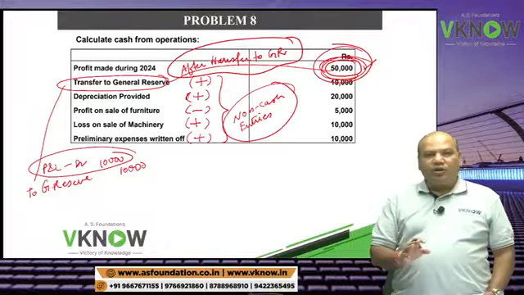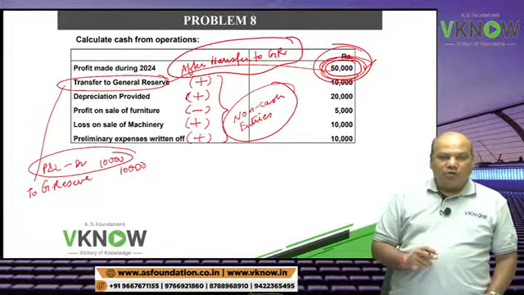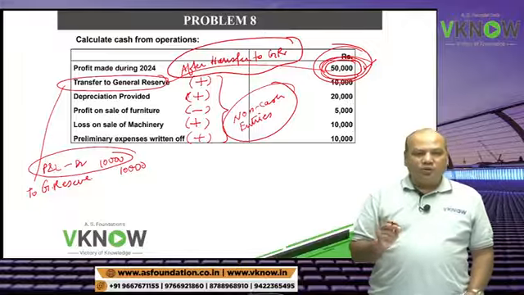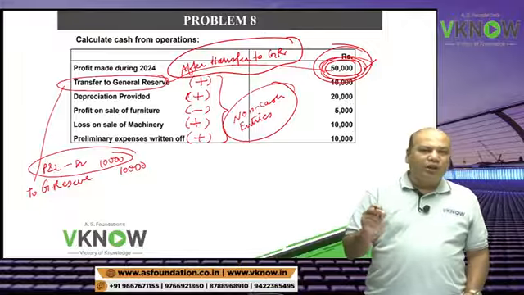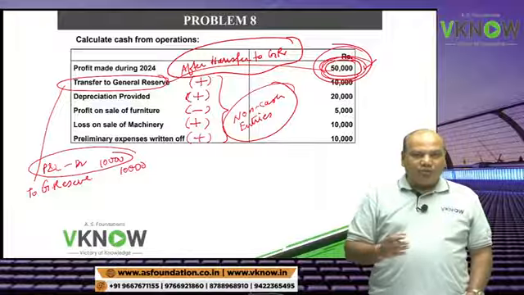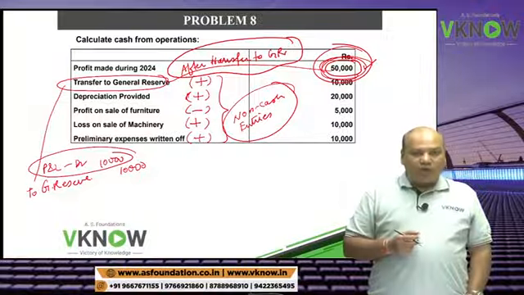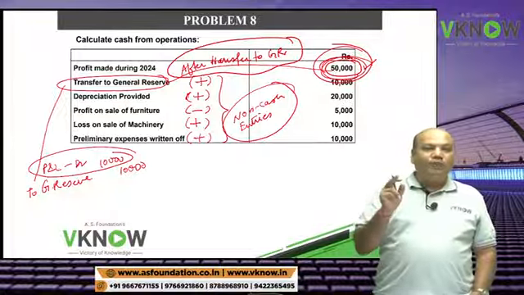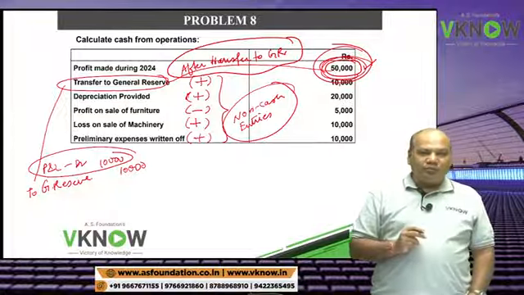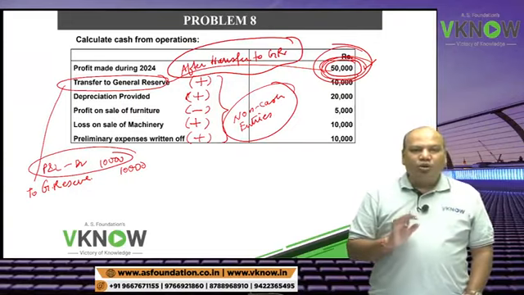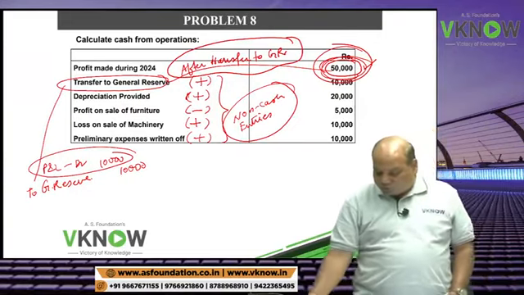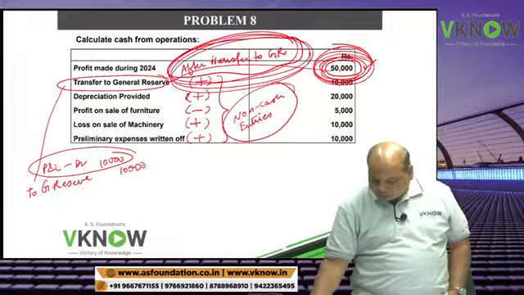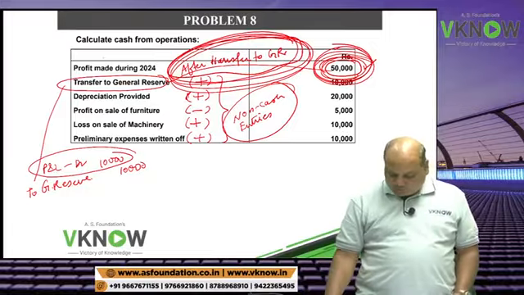If you assume that 50,000 rupees is calculated after transfer to general reserve, add back general reserve. If you assume 50,000 is before transferring to general reserve, then do not add back. So we are assuming 50,000 is after transfer.